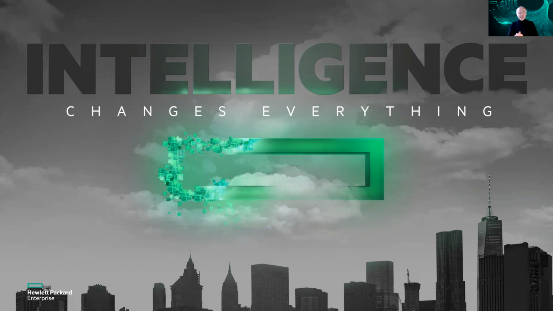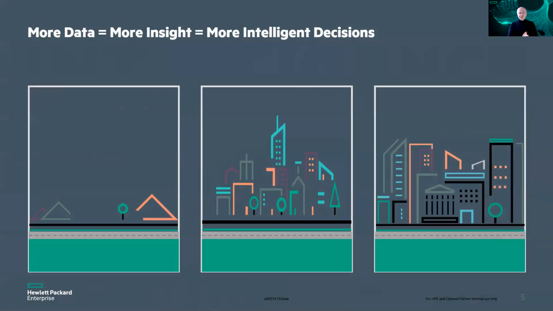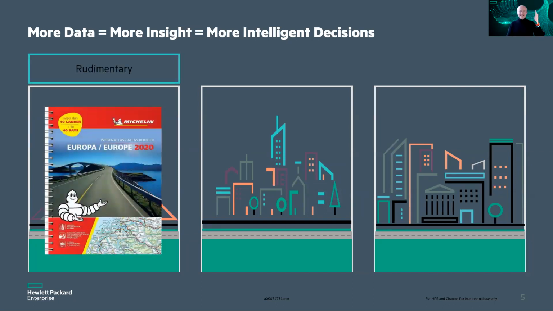And that intelligence, this is, by the way, marketing. Intelligence changes everything. Of course, you cannot go with this to your customer. Probably you have seen this already somewhere where I presented this to you or to your end customers maybe, but intelligence is key.